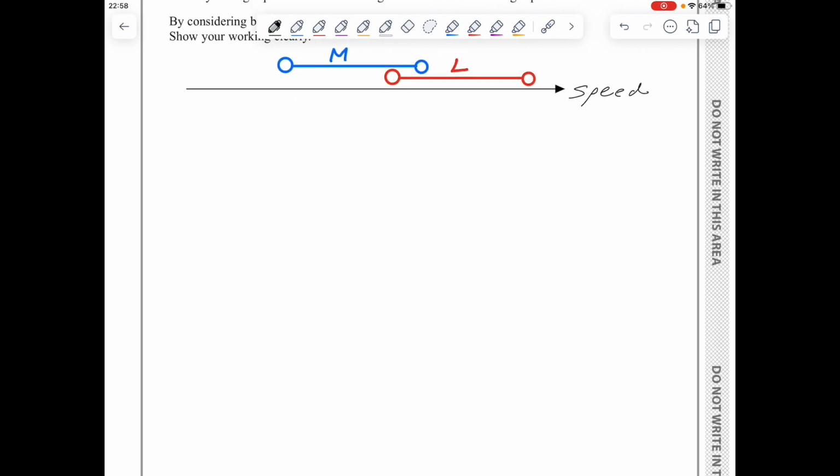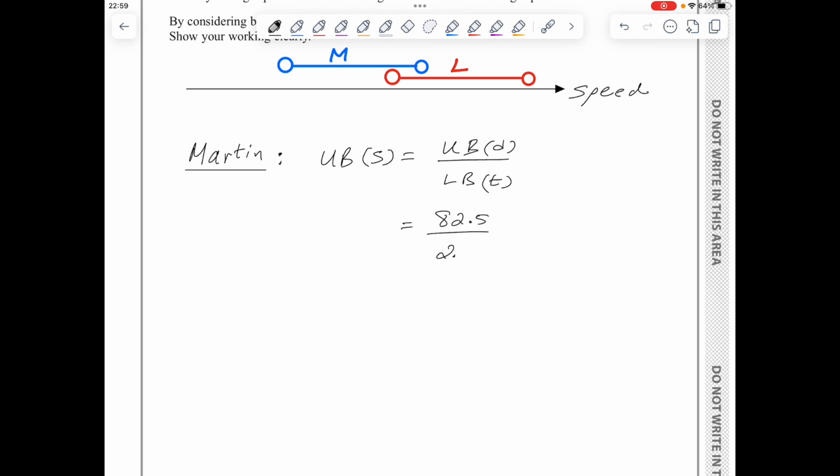So let's start by finding Martin's upper bound. So the upper bound for speed is equal to the upper bound for the distance over the lower bound for the time, which is equal to 82.5 over 2.65, which gives me 31.13.